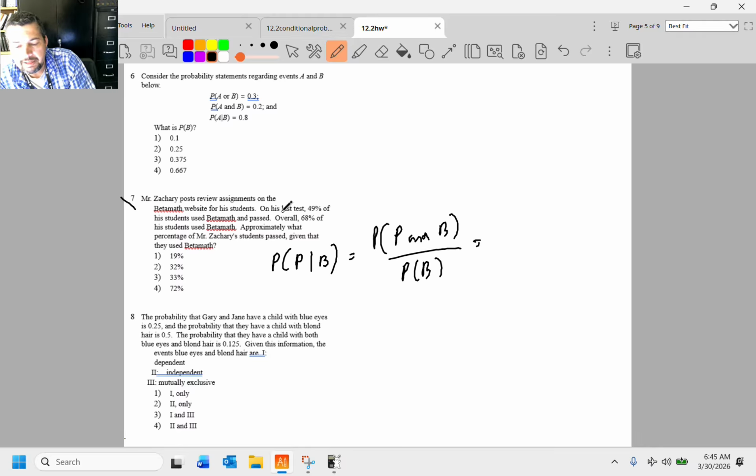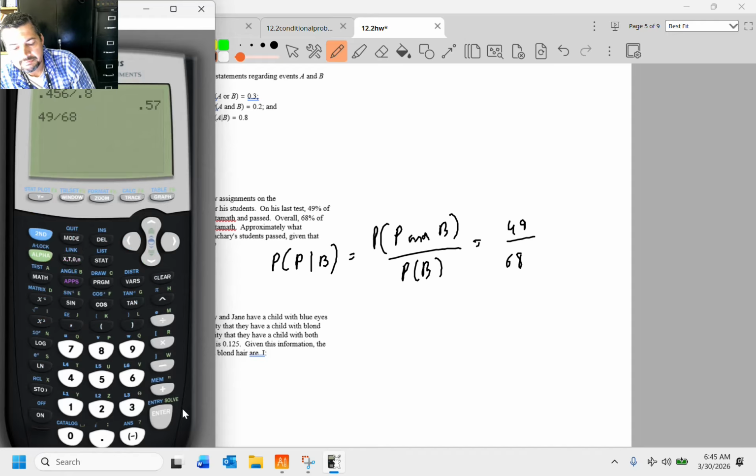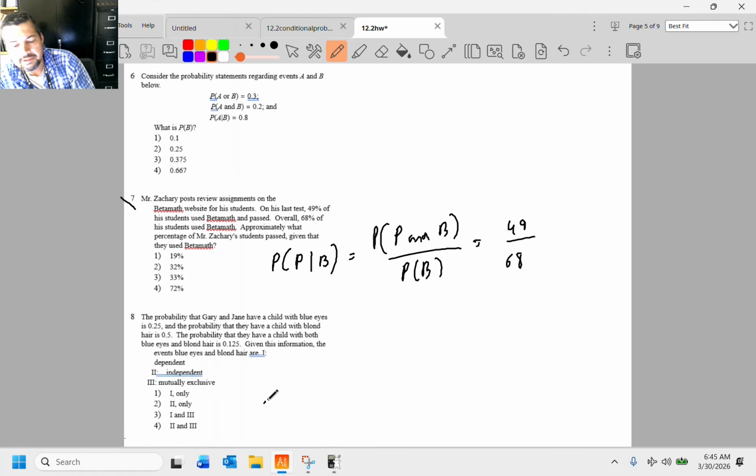The probability of passing and Betamath is right here: 49% used Betamath and passed. Overall, 68% used Betamath. That's the probability of Betamath. So it's 49 out of 68, about 72%. So passing given they use Betamath, pretty good.